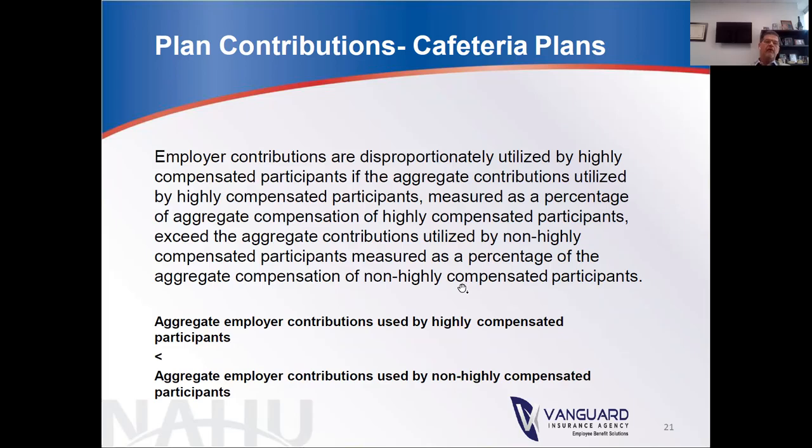So again, you want to make sure that if the contributions are heavily weighted to those higher compensated employees, that's going to fall outside the compliance guidelines. You want to make sure that those are more heavily aggregated to the non-highly compensated employees, and there are calculations that can be done through third-party administrators or run tests to make sure that that's the case.